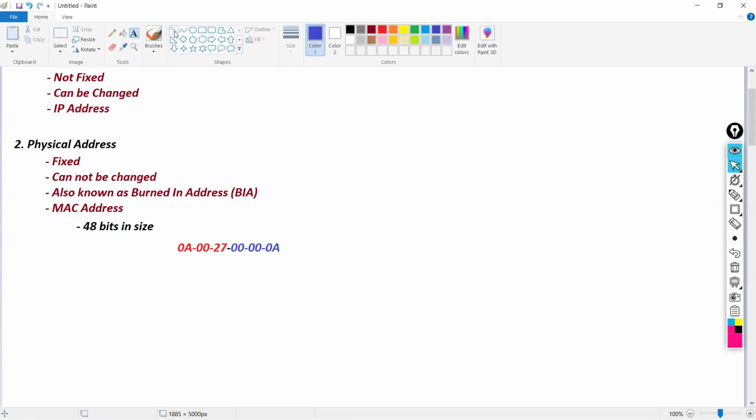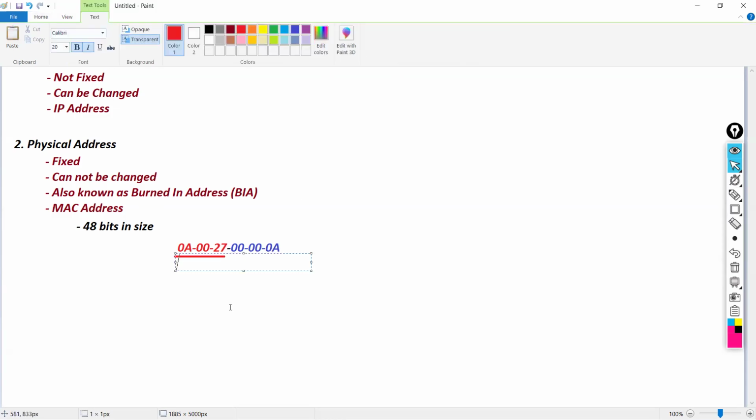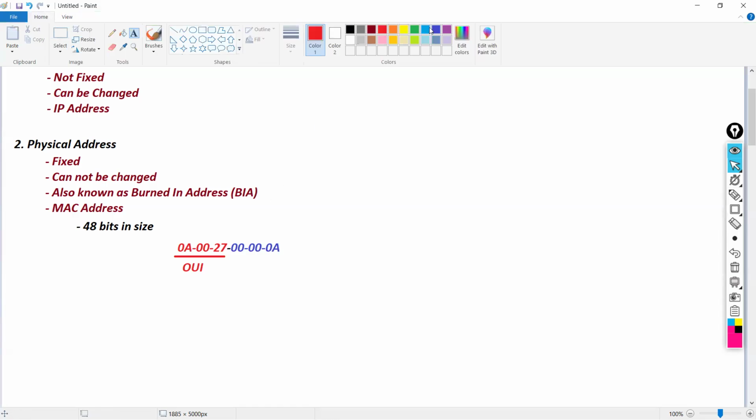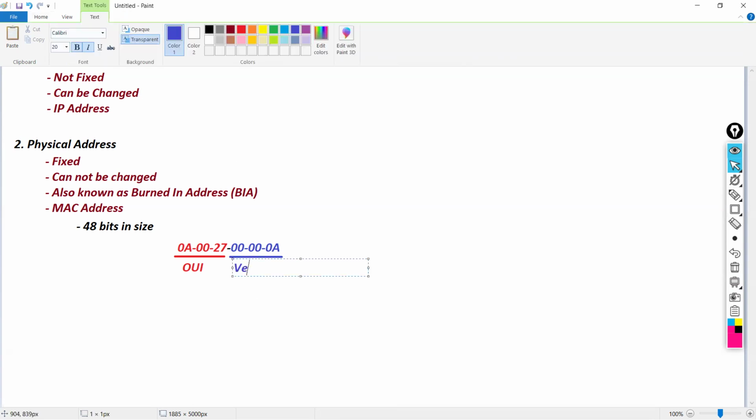The first 24 bits are known as OUI, and the last 24 bits are known as vendor specific.